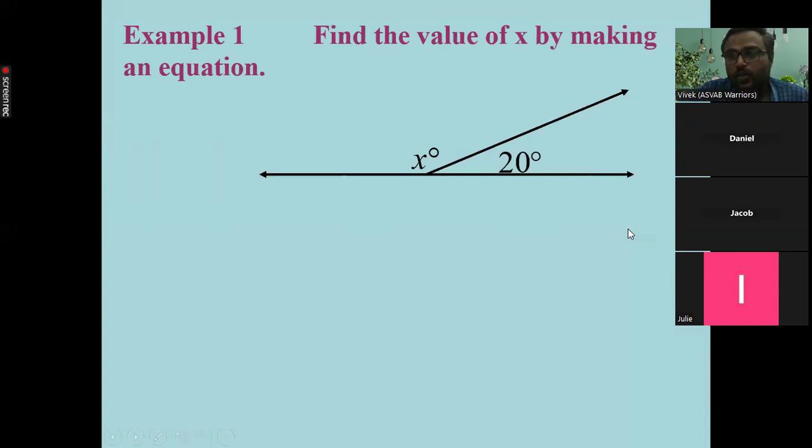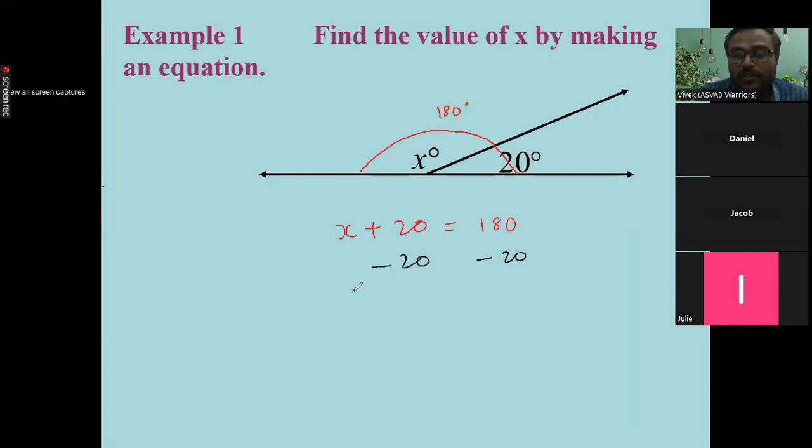Let's try to solve this question over here. As we already know, this is a straight line and the sum is going to be equal to 180 degrees. So how do we solve it? X plus 20 is equal to 180 degrees, right? Now, what do we do? I'll subtract 20 from both the sides.